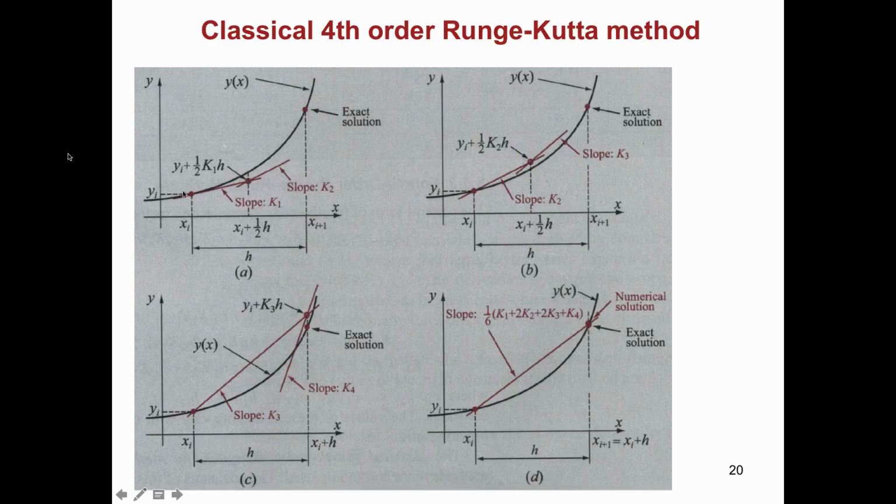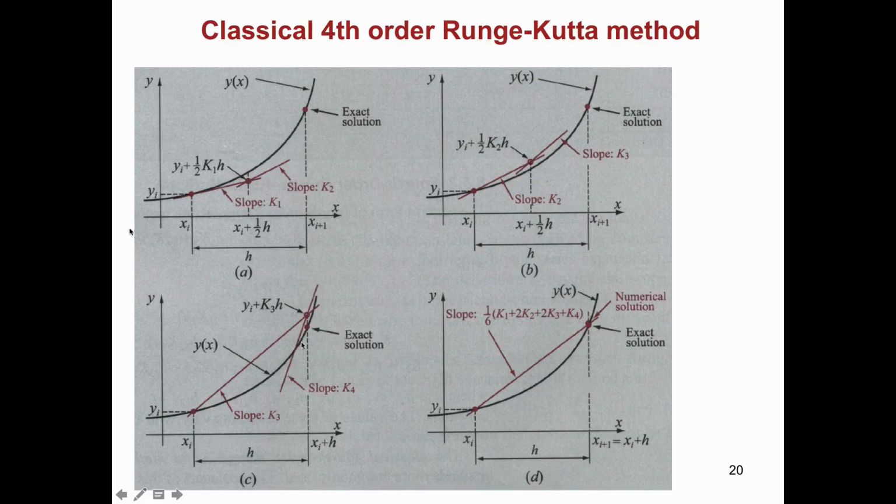Okay? Then I take this slope k2 right here. That's the slope k2. I take it also for 1/2 h, and I check what the slope would be to this function at that point. That's my slope k3. And then I take my k3 slope for the entire interval h and find out what the slope would be at that point.